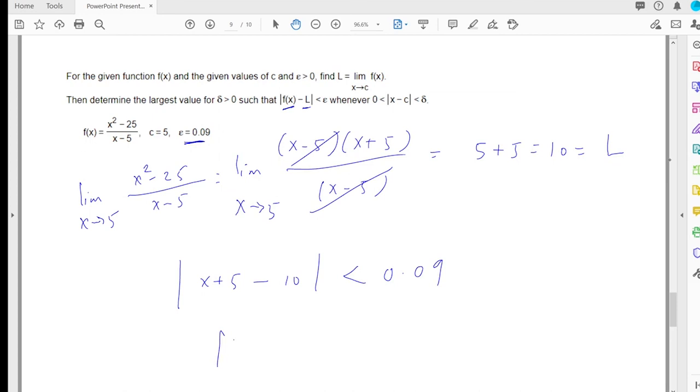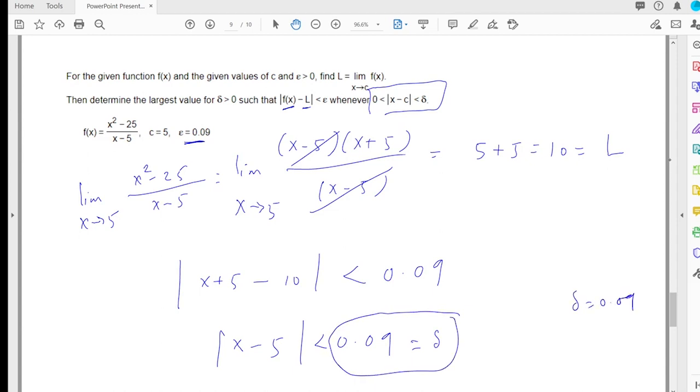So if you simplify this, it gives you |x minus 5| is less than 0.09. Look here, that's what we need. We need to find the absolute value of x minus 5 is less than some number, because c is 5, and we found that number. So my delta is 0.09. So for this problem, delta is 0.09.